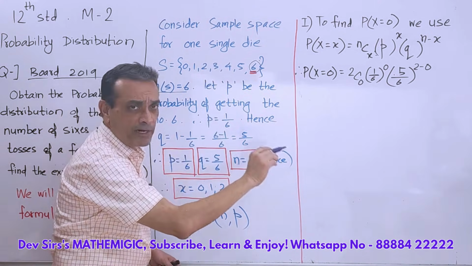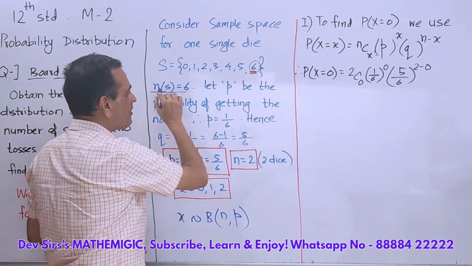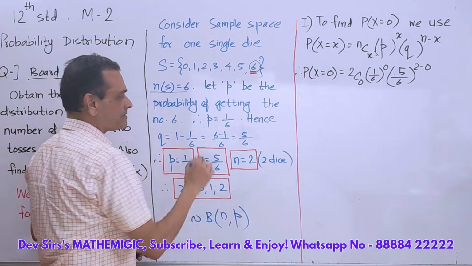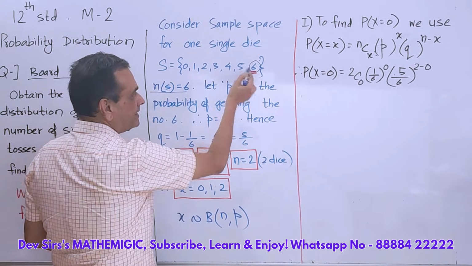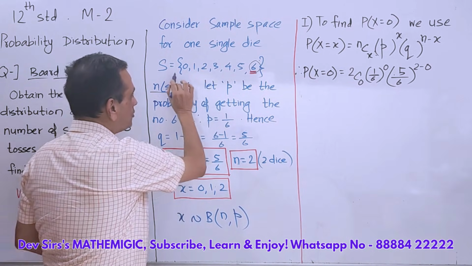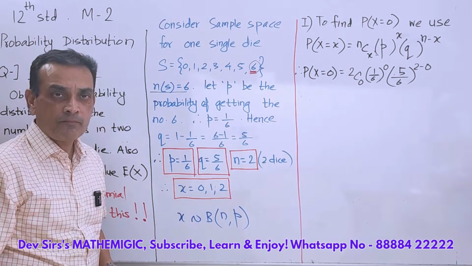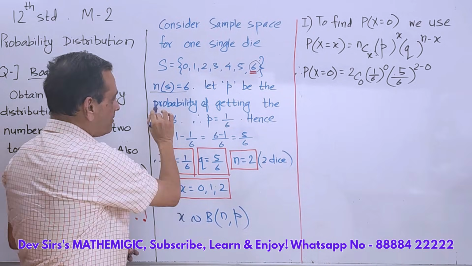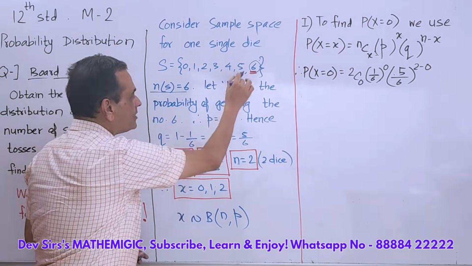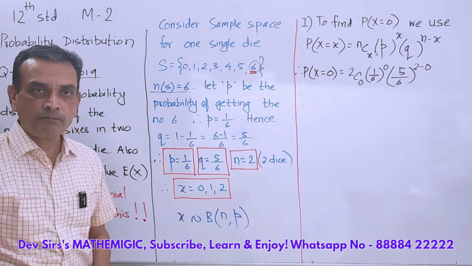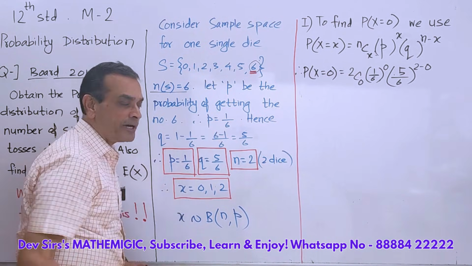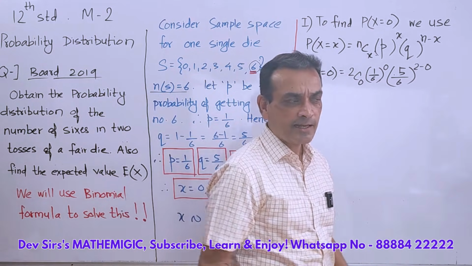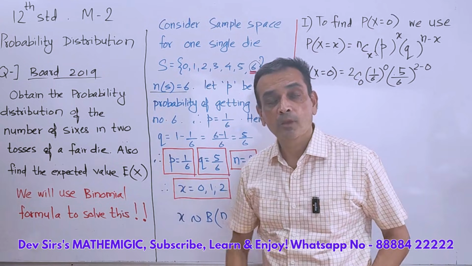So the probability of getting one number from 6 numbers is 1 by 6. The 6 appears only once, total elements are 6. So the probability of getting that 6 is 1 upon 6. Followed? Basic thing. This is called the probability of success, getting a 6, because that is the question.